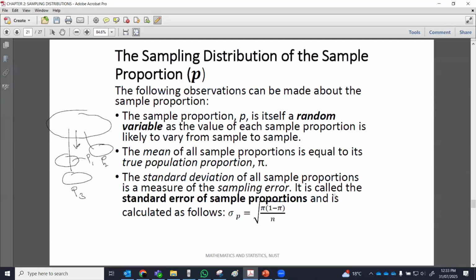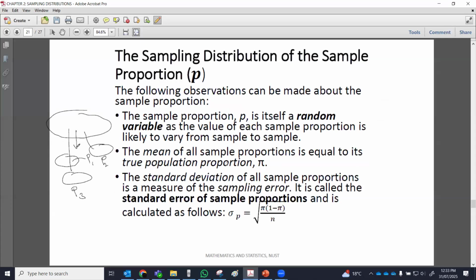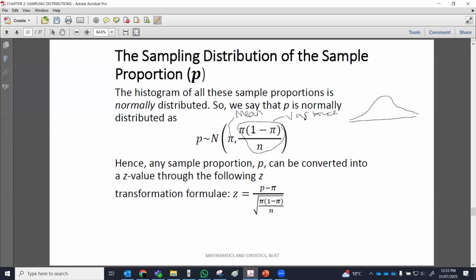If you look at this one here, there was a square root, but when we square it, you can see that the square root is gone. This is our standard deviation, and this one is the variance. So if I have the standard deviation and I want to get the variance, I just square it. And then the formula we use for transforming our P to a Z value is Z equals P minus pi over the square root of pi times 1 minus pi over n.